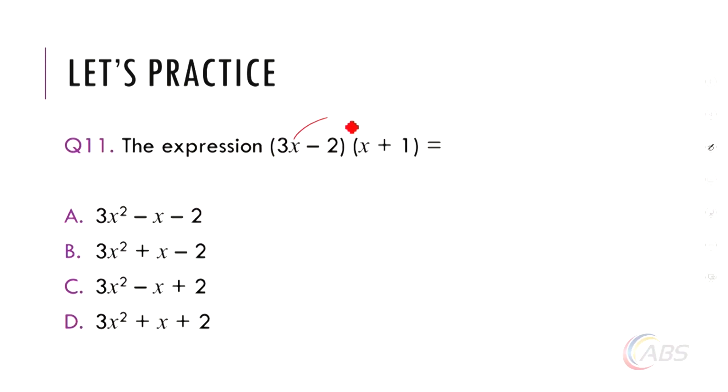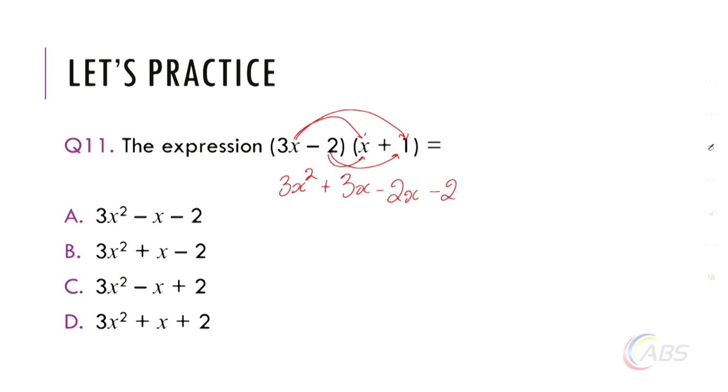So 3x times x gives us 3x squared, and 3x times 1 gives us 3x. Negative 2 times x gives us negative 2x, and negative 2 times 1 gives us negative 2.